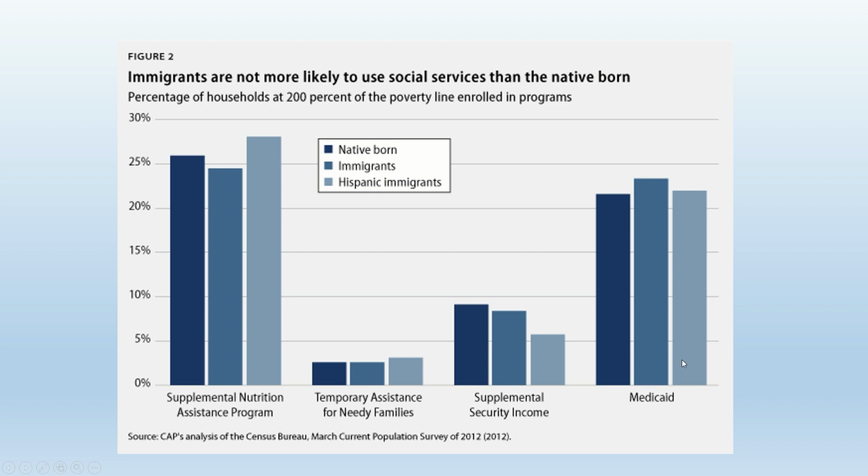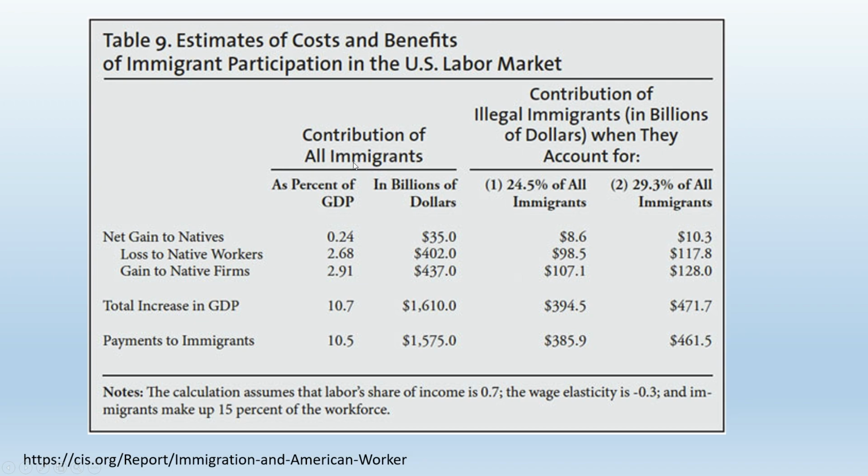If you look at different kinds of social programs and compare native-born with immigrants and Hispanic immigrants, you see there's very little difference. And some of the differences are so small they're negligible in terms of statistics. The costs and benefits of immigrants in the United States labor market is essentially positive overall, but on the local scale, there are cases where it can be negative for workers. So that's also true.